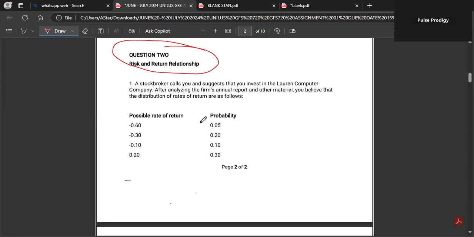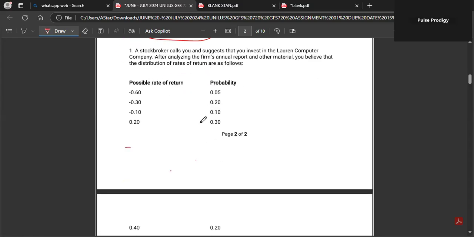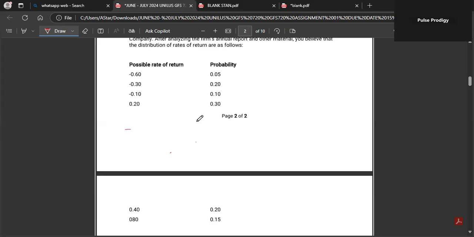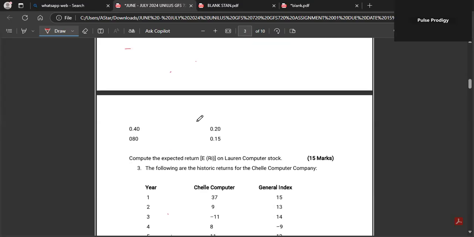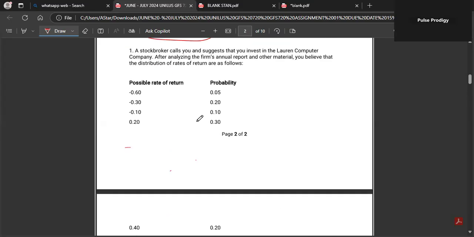So we have these and the probabilities. So the return, we have them. The first one, negative 0.60, negative 0.30, negative 0.10, 0.20, 0.40, then 0.80. Those are returns. And then the probabilities, the P's are given.